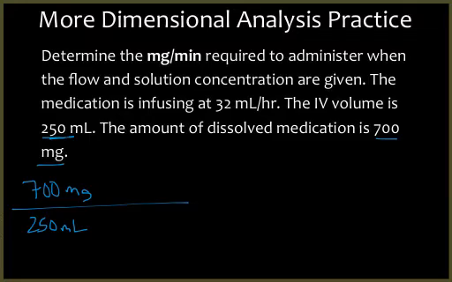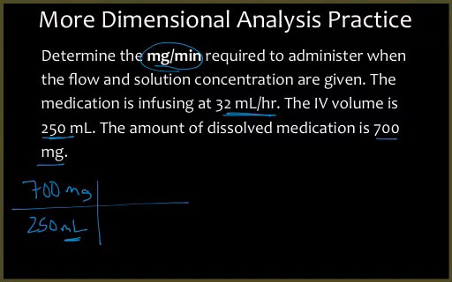I need to end up with milligrams per minute, and it starts out in milligrams per milliliter. So we're going to work on 1 unit at a time until we get it to where it's in milligrams per minute. So the first thing I can do here is I know that this is going at 32 milliliters per hour. So I can use that to get rid of my milliliters.